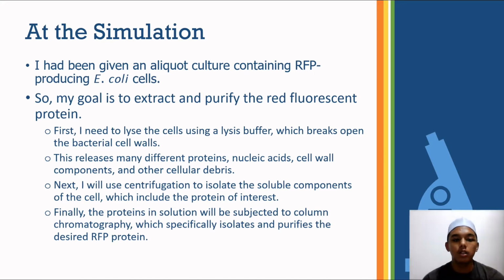Next, I will use centrifugation to isolate the soluble components of the cell, which include the protein of interest. And finally, the protein in the solution will be subjected to column chromatography, which specifically isolates and purifies the desired RFP protein.